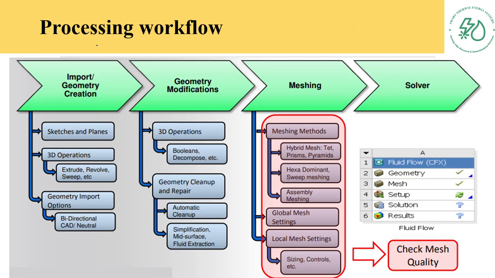Explaining the processing workflow, as you can see, first of all, we should create or import our geometry. You can create the geometry in a CAD software or import an existing one into ANSYS Fluent.